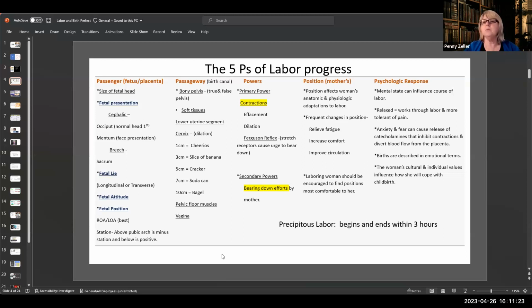It does help if I get a woman out of bed, if she can tolerate standing at the bedside and leaning over onto the bed, or squatting at the side of the bed, or sitting on a ball, that improves circulation to the baby and to her. It helps to relieve fatigue. Sometimes it's just more comfortable to change positions, and then we know it improves the circulation.